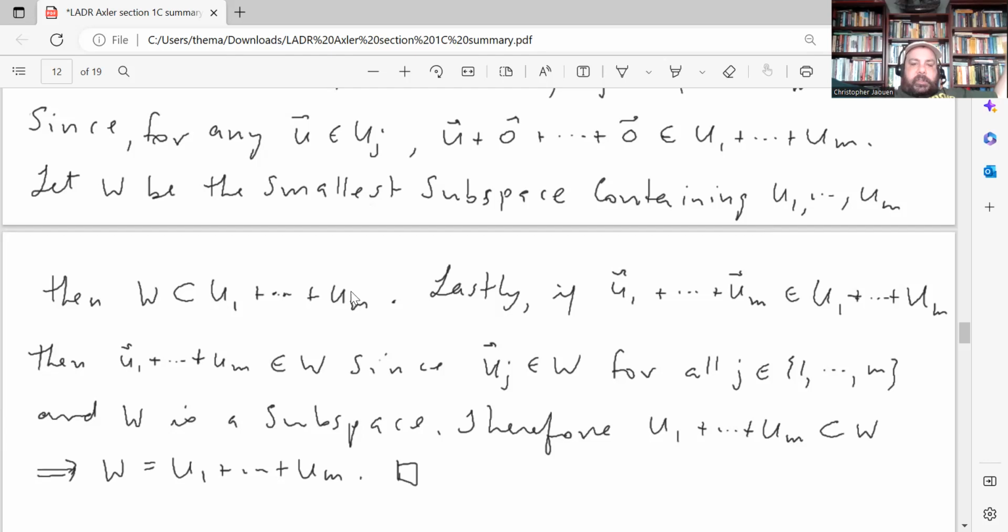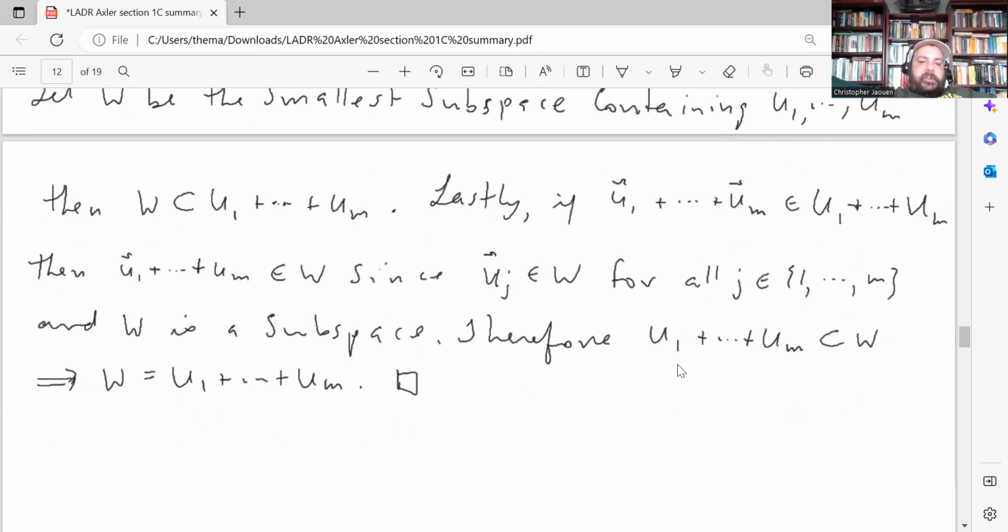Since UJ is in W for all J from 1 through M, and W is a subspace, therefore U1 plus ... up to UM is a subset of W, therefore W equals the sum, right? So this sum here is the smallest subspace that satisfies that condition.